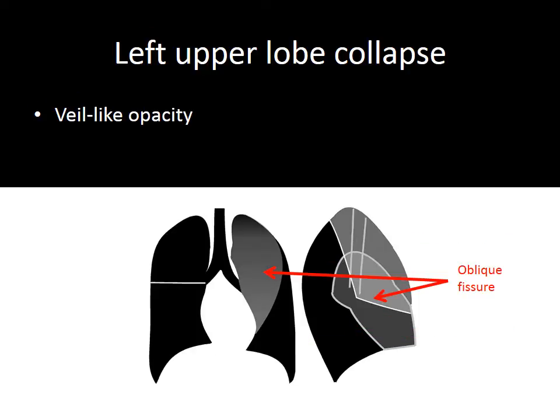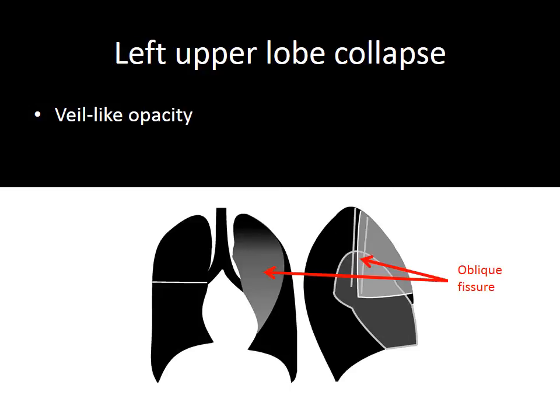As the left upper lobe collapses, the superior half of the oblique fissure moves anteriorly, and the inferior half of the oblique fissure moves superiorly. As you can see, this causes the veil-like opacity in the upper zone of the lung to reduce, and the veil-like opacity in the mid-zone of the lung to increase.